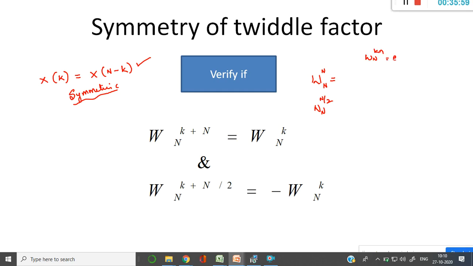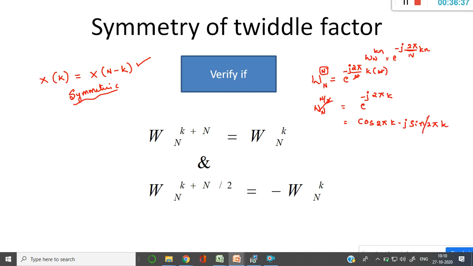W_N to the power of kn is represented as e to the power of minus j 2 pi kn by N. Here this N is capital N. So n and N get cancelled, which means I am left with e to the power of minus j 2 pi k. Again, if I expand this, this will be cos 2 pi k minus j sin 2 pi k.